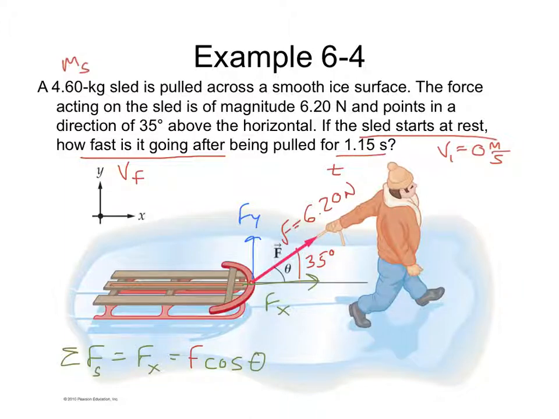That'll give us our force in the x direction. And Newton's second law tells us that the net force, or force in the x direction in this case, should be equal to the mass of the sled, which we had so far, times the acceleration of the sled. Well, we don't have the acceleration. We don't know what that is, but we do have some components that can be described in terms of acceleration.